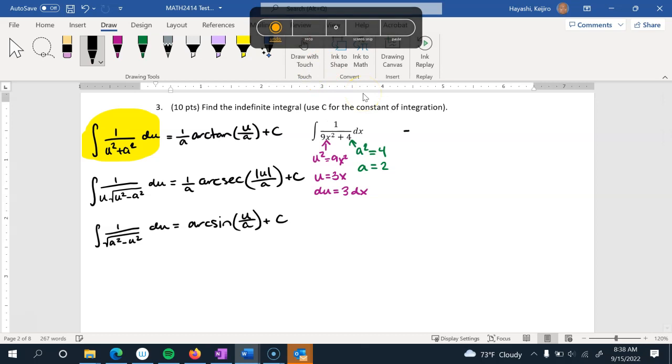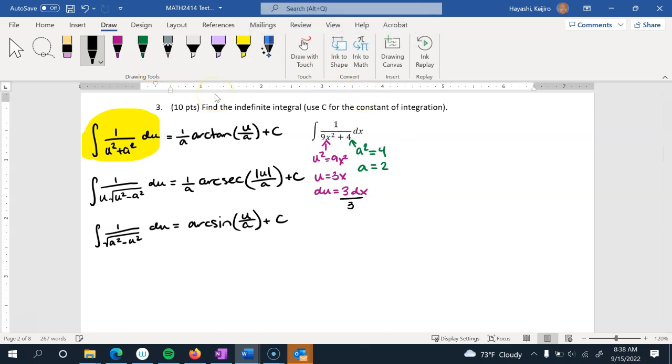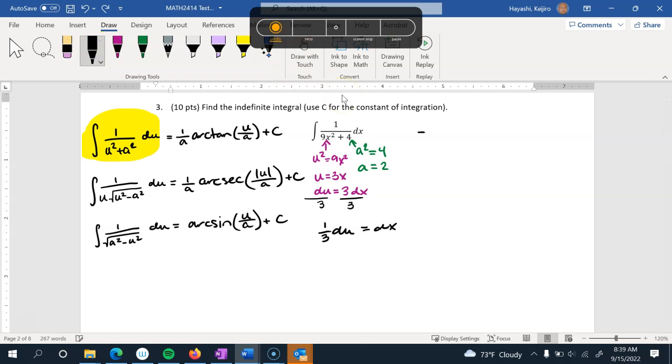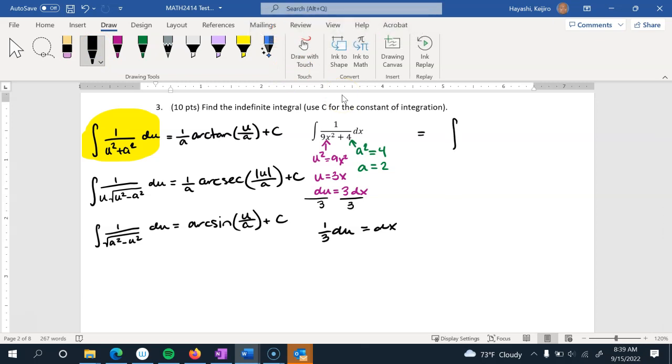So one thing you can do is divide by 3 and you'll have 1/3 du equals dx, and simply replace dx with 1/3 du. That's always something you can do. But another thing you can do is multiply a 3 on the inside and a 1/3 on the outside. Either way, you end up with a 1/3 on the outside that wasn't there before.